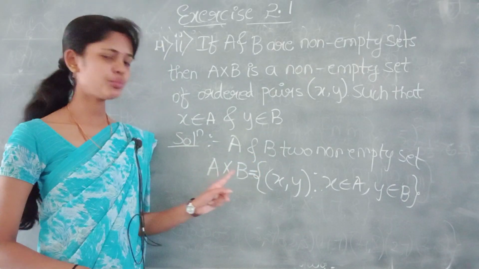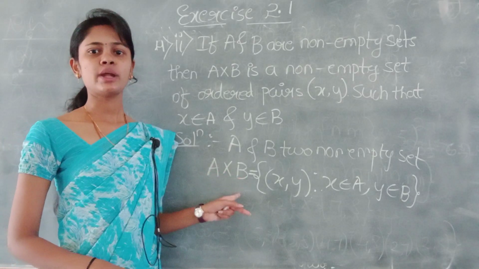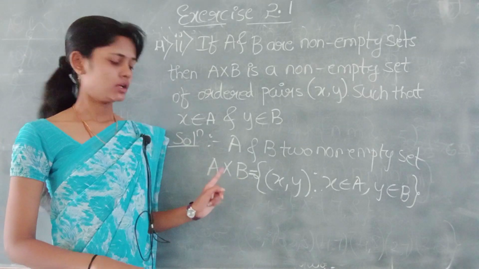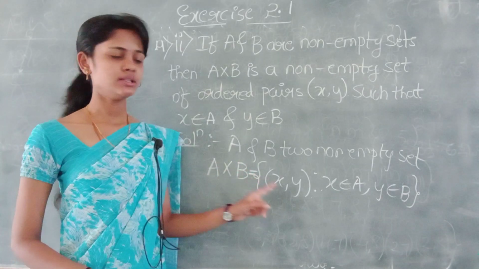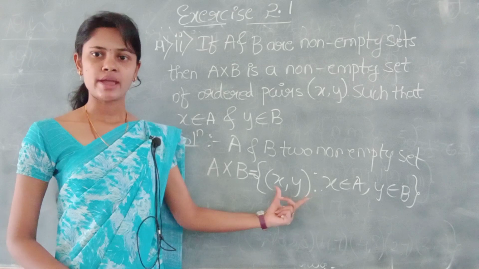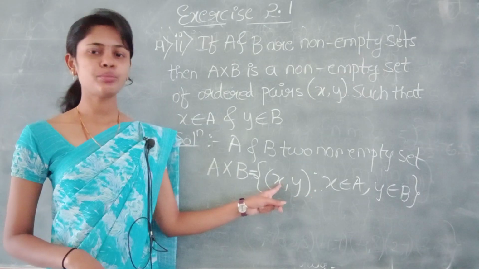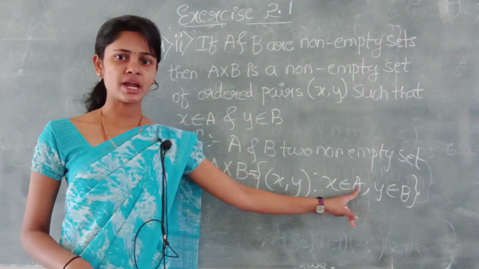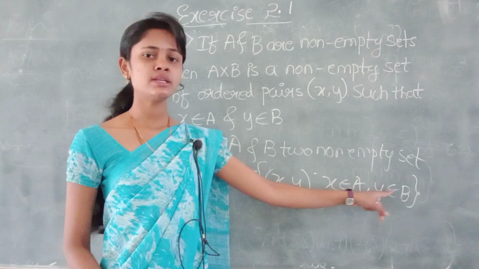The Cartesian product definition. That means whenever we take two non-empty sets and the Cartesian product of the two non-empty sets A and B, then we write an ordered pair x, y, where the first element in the ordered pair belongs to the first set and the second element in the ordered pair belongs to the second set.